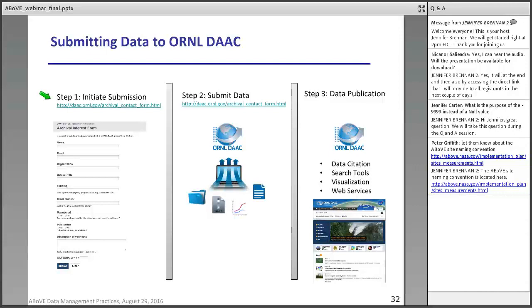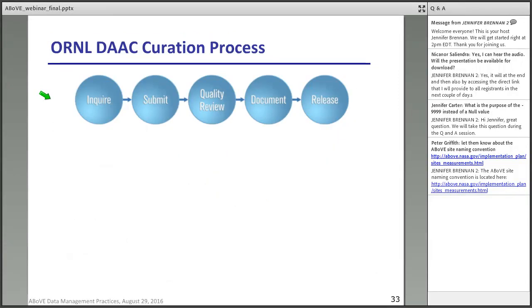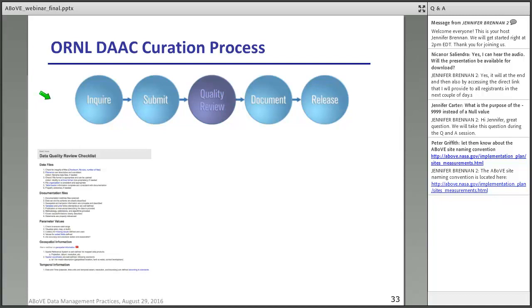Here's a quick overview of how data is published at the Oak Ridge DAC. But I wanted to say what the value of the Oak Ridge DAC is in this curation process. The very first thing is we go through a detailed quality review checklist.